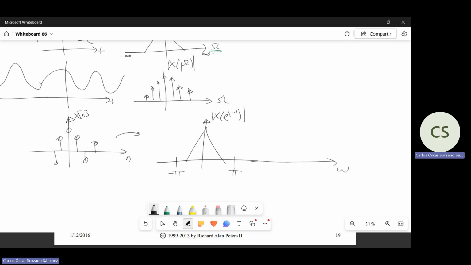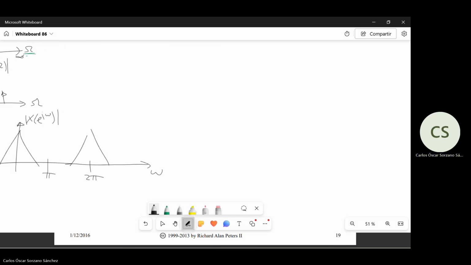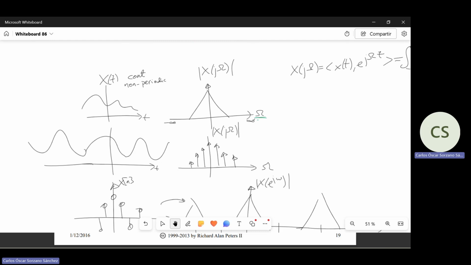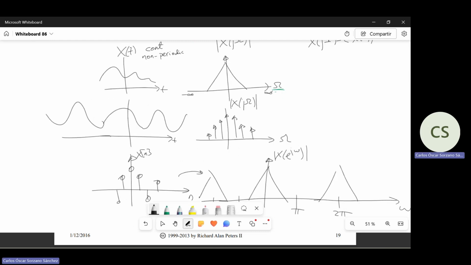You have studied this notation, right? No? Yeah. So it is this one, and it is periodic. It's periodic every 2 pi, and here at minus 2 pi, it is periodic. Okay, so how do I define this? This is for a discrete signal that is discrete and non-periodic.